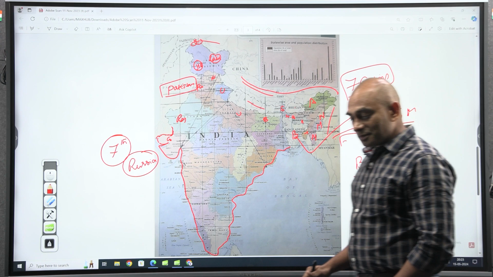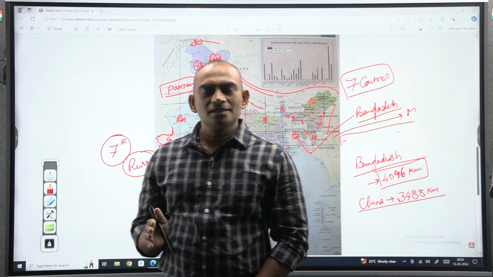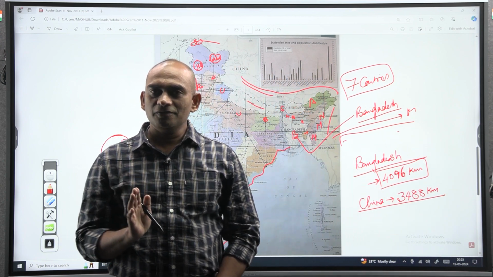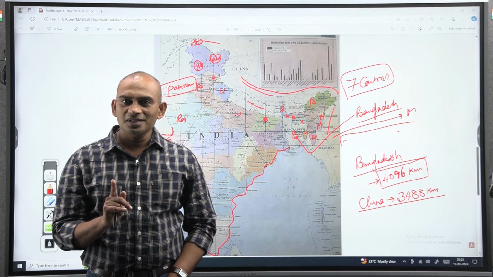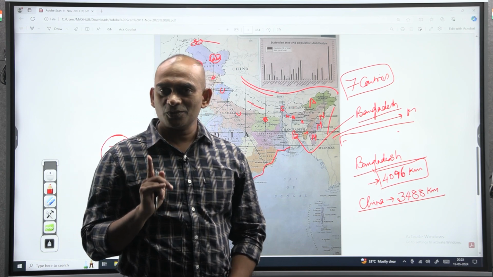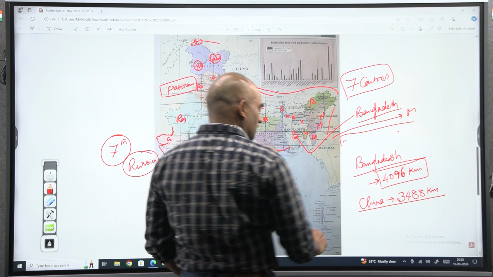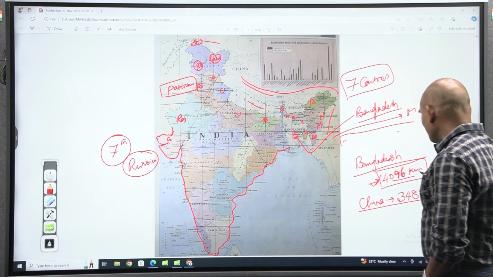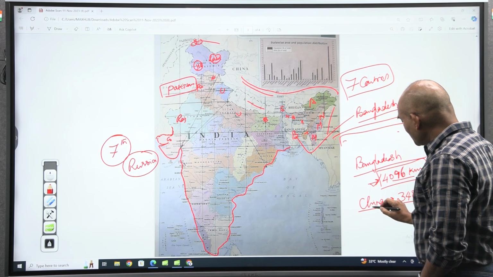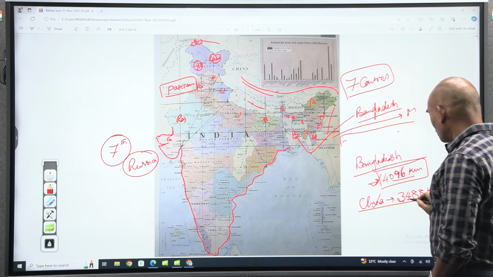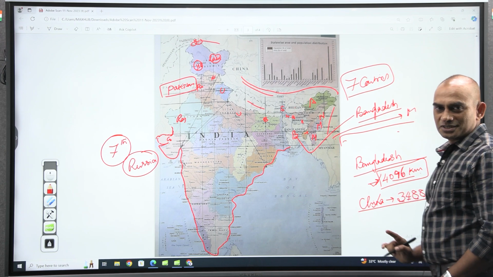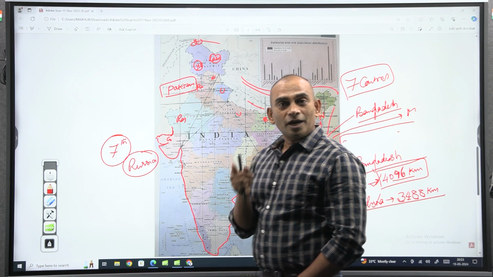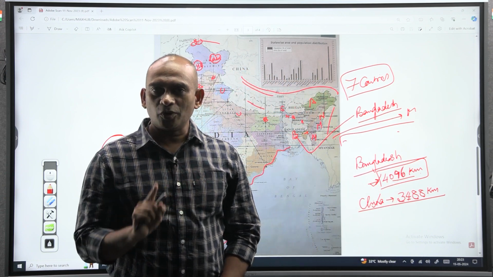That means the second highest border we are sharing is with China. First one is Bangladesh, that is 4,096 kilometers. Second one is China, 3,488 kilometers. I am going to repeat these points.